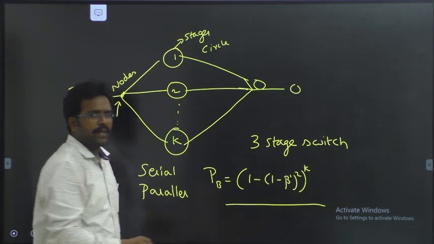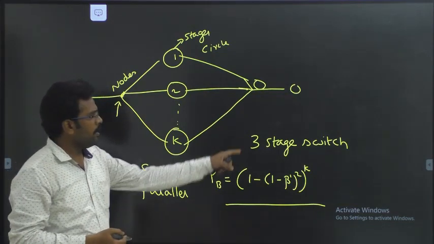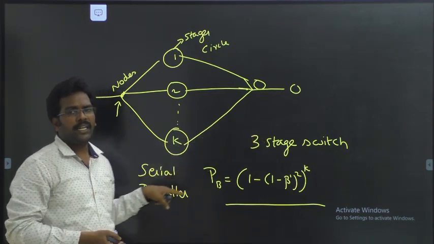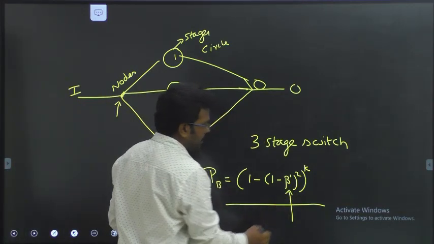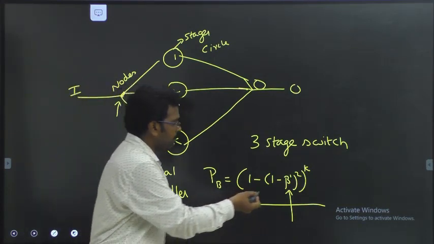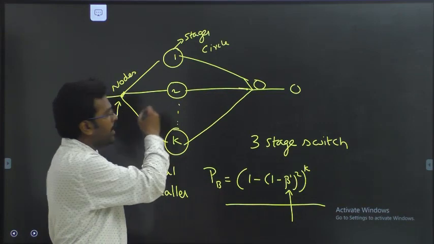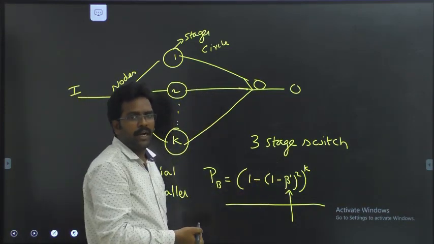This is the formula we obtained for finding the blocking probability of a three-stage switch using the Lee graph model. What does beta prime indicate? Beta prime is the probability that the switching path is free. 1 minus beta prime is the blocking probability.